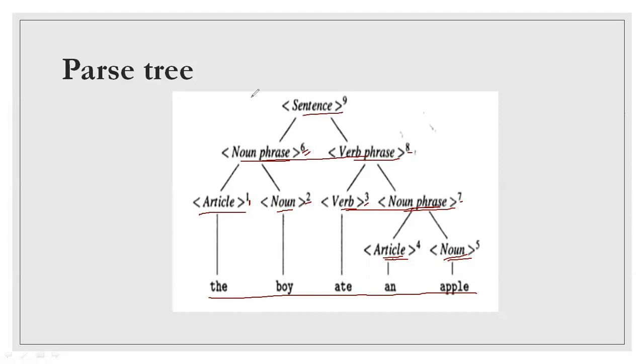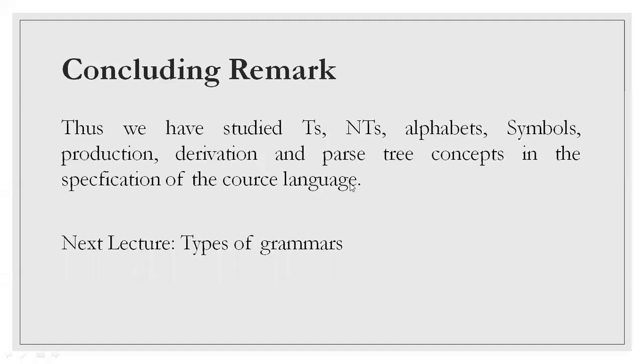So this is called as parse tree. Numbering is important. Depending on numbering, it is very easy to explain and easy to understand. So this is nothing but parse tree. I hope by looking at different examples, you have understood what we have learned in this lecture. Let us go to the concluding remark.